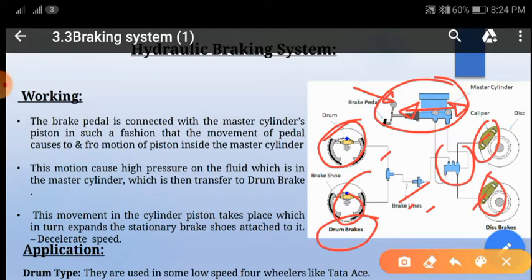When high pressure fluid enters the drum brake, it expands, and the stationary brake shoe is attached to it here. Because of this arrangement, friction takes place between the brake drum and the friction pad or brake shoe, and in this way we get a decrease in speed.